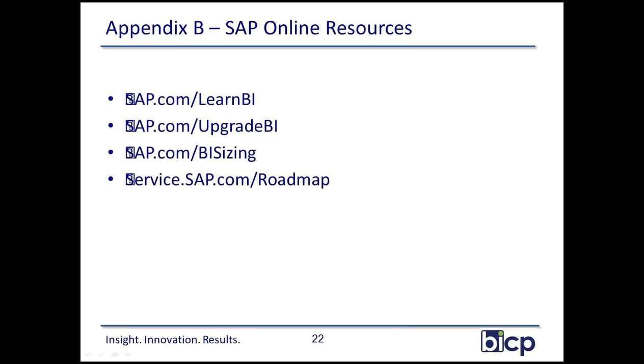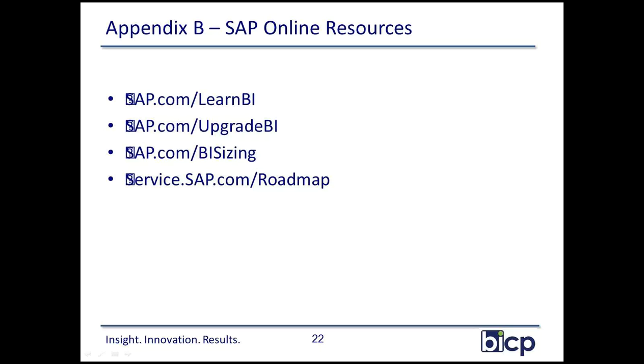Some online resources: these all begin at SAP.com, BI Learning. They have a section specifically on upgrading. I've talked quite a bit on BI sizing. This is a critical component of moving up to a 4.1 environment.